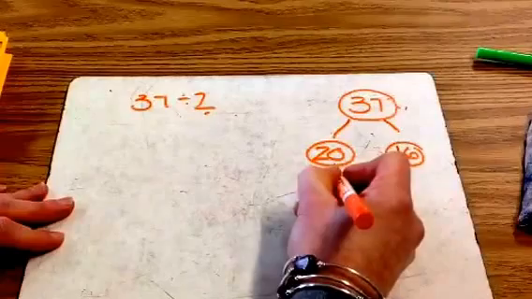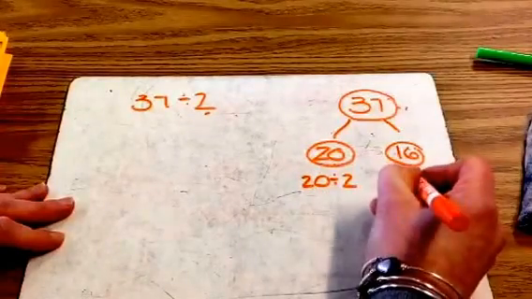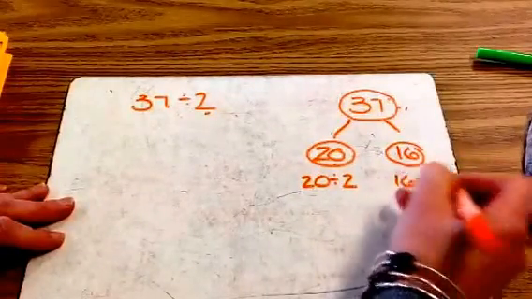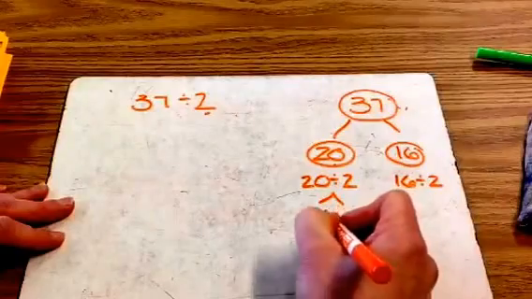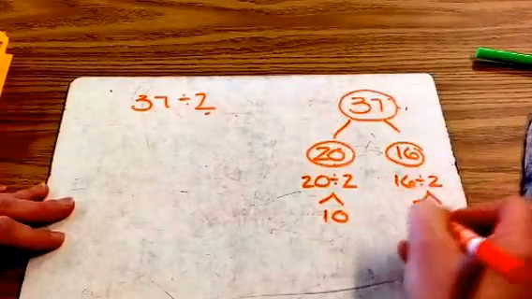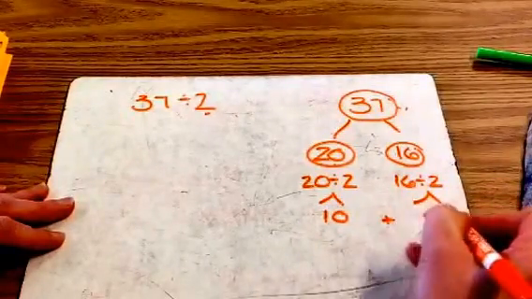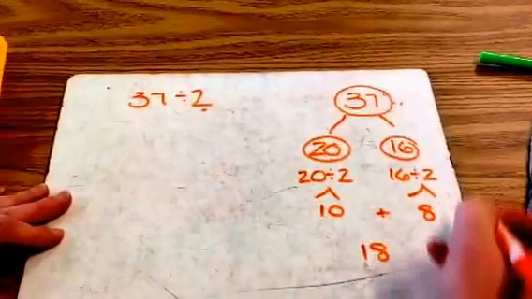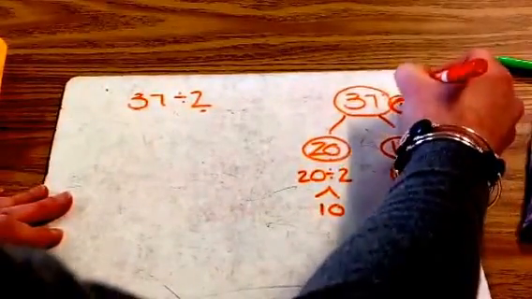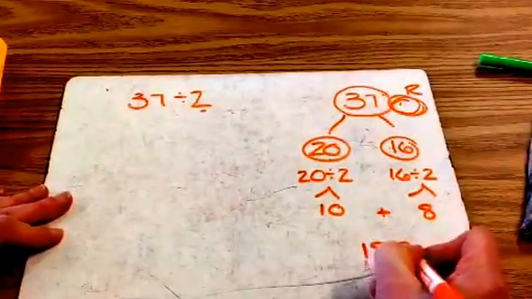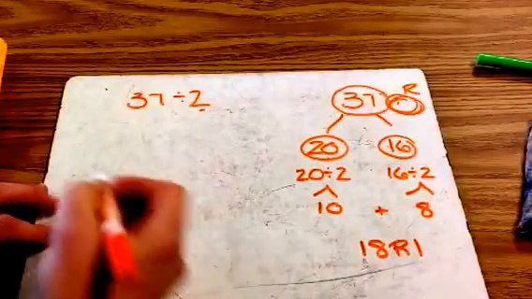Now I say 20 divided by 2, 16 divided by 2. 20 divided by 2 is 10, 16 divided by 2 is 8, which gives me 18. Don't forget that little remainder, with a remainder of 1. Let's see if I'm right.